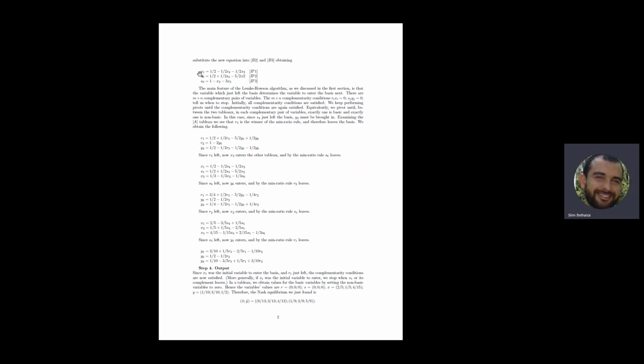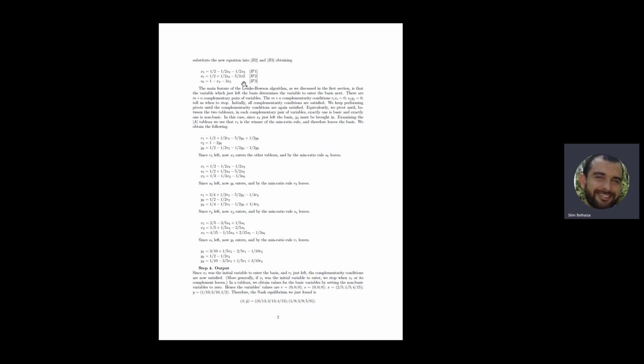So what happens in the next page? X1 entered the basis, and you can put this in the simplex tableau if you wish, avoiding writing it as a linear system. And we did it in class quite easily. We did it on the tribal conflict problem, in fact, and I uploaded the solution on the Blackboard.